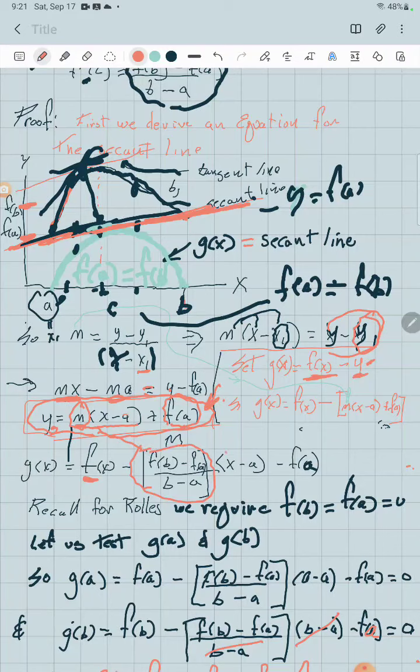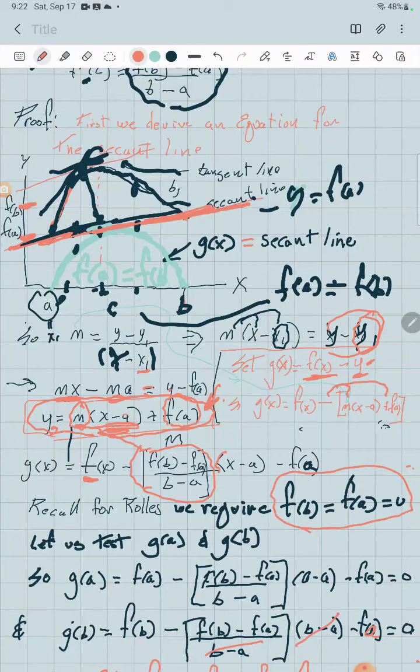Then you see I have x minus a, which I had from here, and then I have minus f of a. That comes from the minus being distributed from here to here, see it? And once it's distributed, now we can test to see that both g of a and g of b are equal to 0, to see if it qualifies.